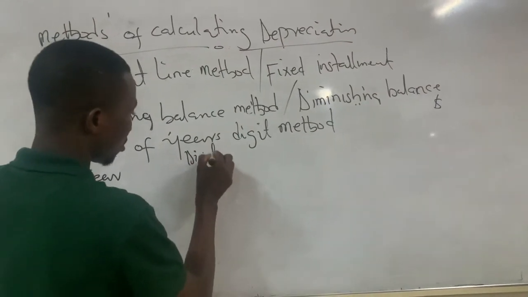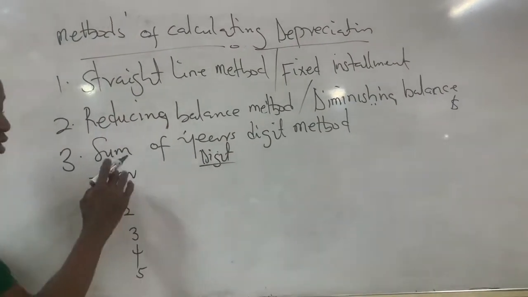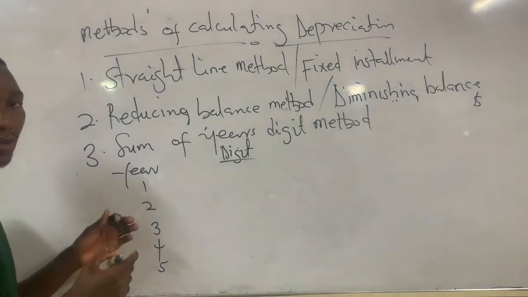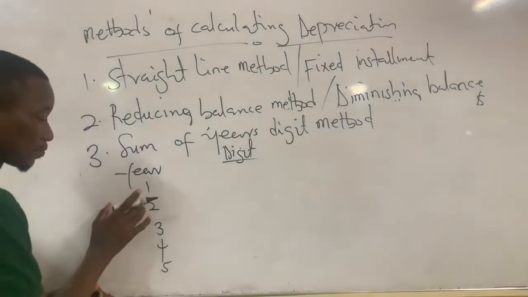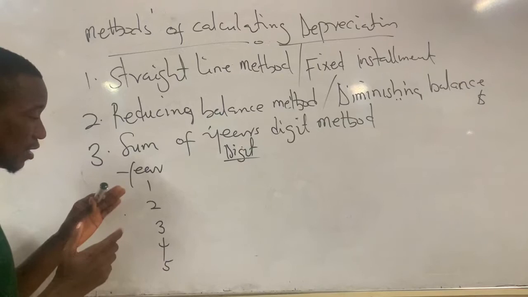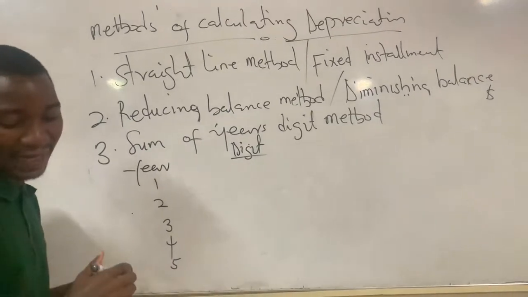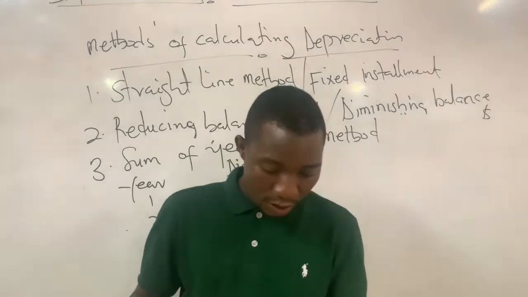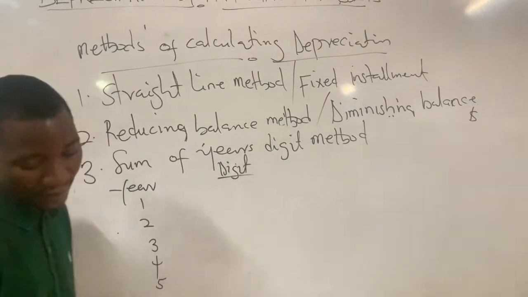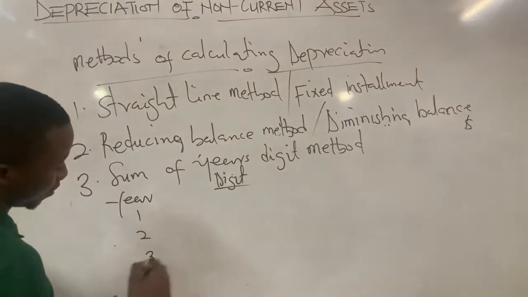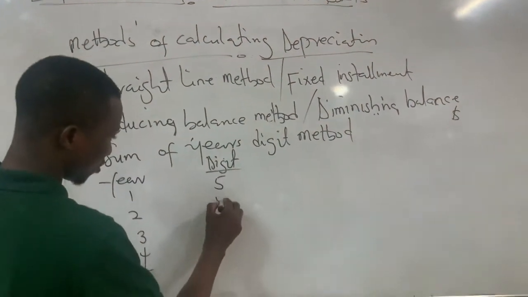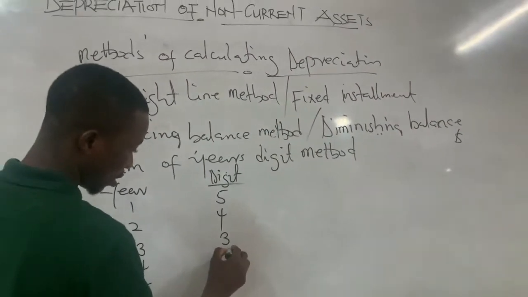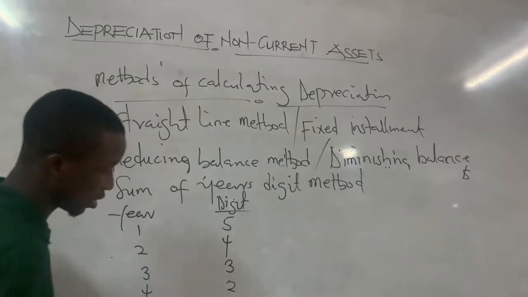For the digits, we are going to turn the years down, to assume that the first year attracts the highest depreciation. Is that okay? So let's say it is for 5 years, and we'll be having 5, 4, 3, 2, and 1.